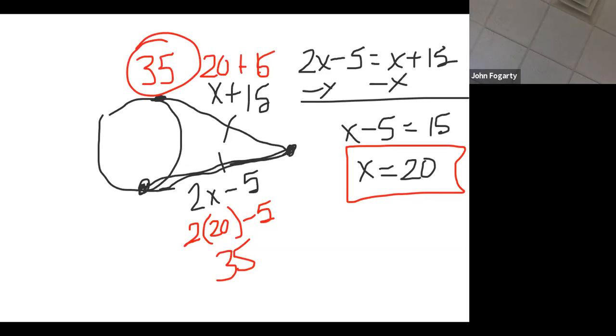So that's the second thing you got to learn today, right, is that if you have two segments that are tangent to a circle from the same exterior point, those two segments will be congruent. Does that make sense? Right?